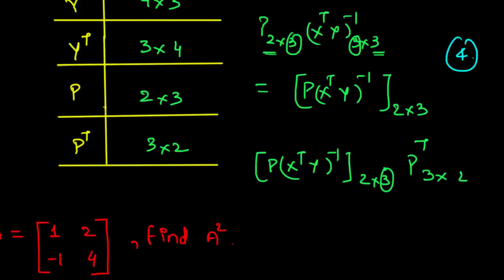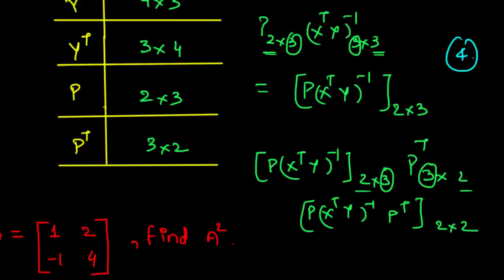So 3 and 3 are the same, 2 and 2 are left. So we have P X transpose Y inverse P transpose, and this has order of 2 cross 2. Now if you find the inverse of this expression, the order will be the same. So 2 cross 2 is the answer.